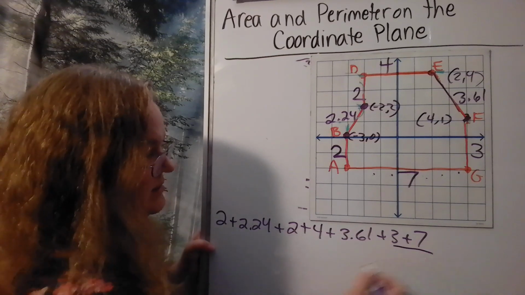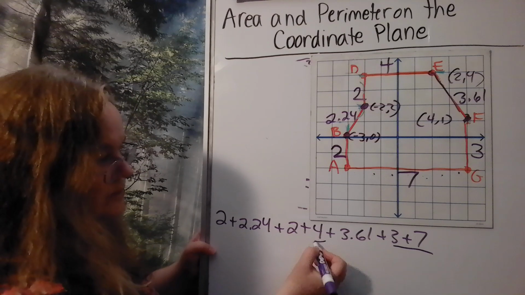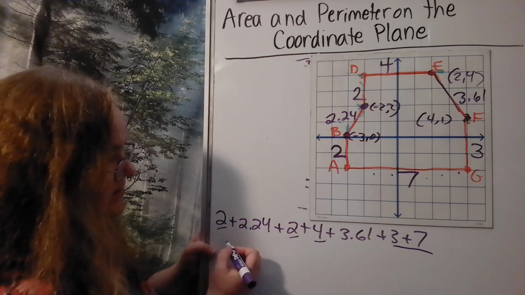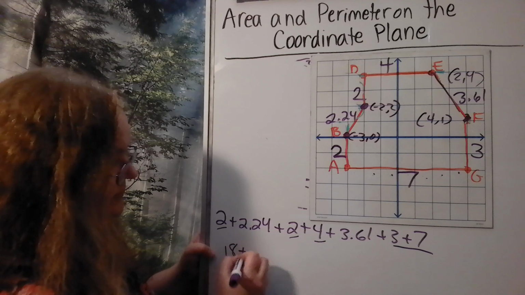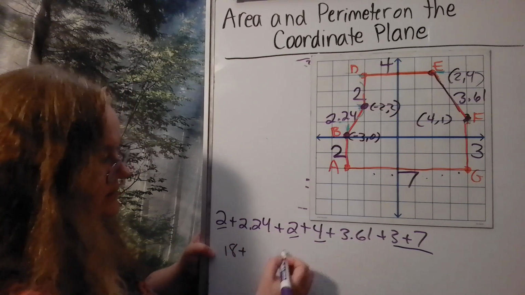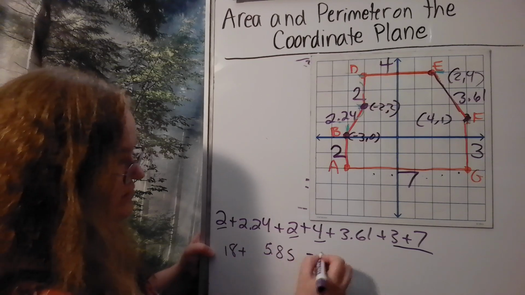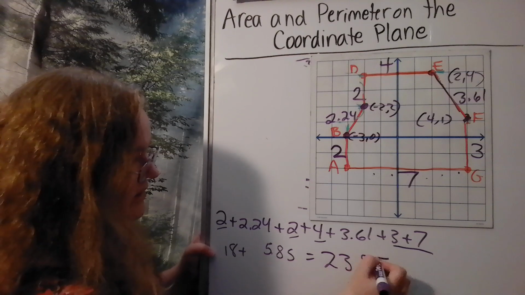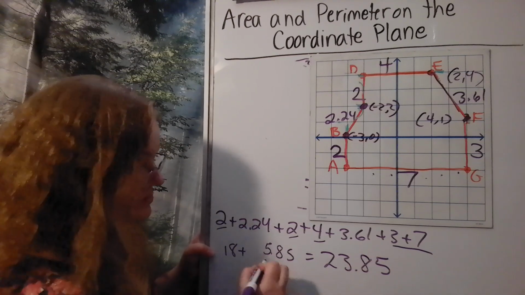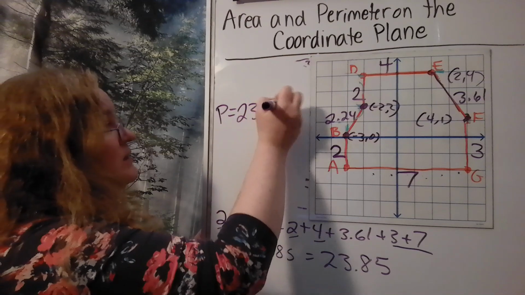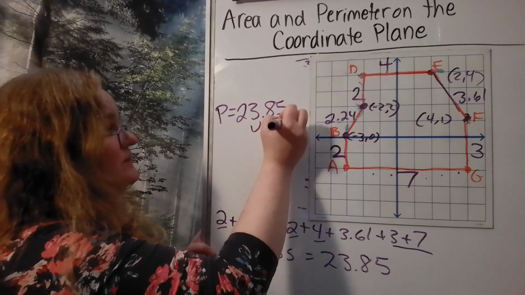So that's 10, 14, 16, 18. If I add these two together, that's 5.85. And so that would give me 23.85 is my approximate perimeter. So the perimeter would be 23.85 units.